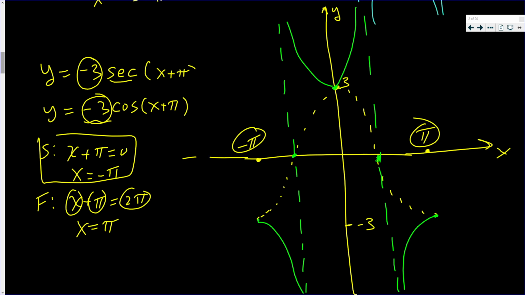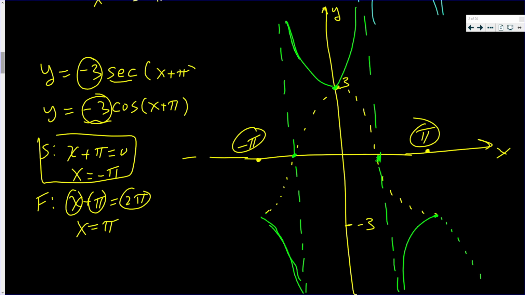Also, let me comment about this and all the graphs we've done so far. Here, the green part is just one period. It keeps repeating. First, we repeat this piece, which is right here.